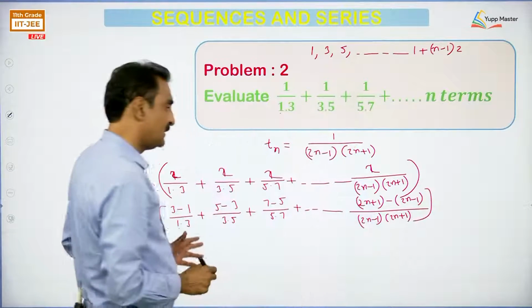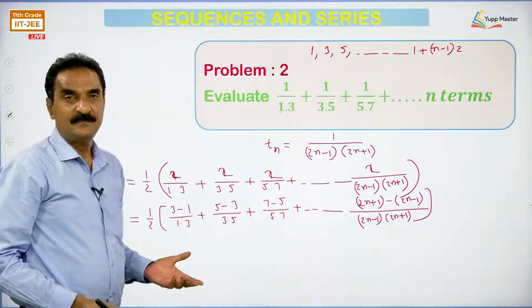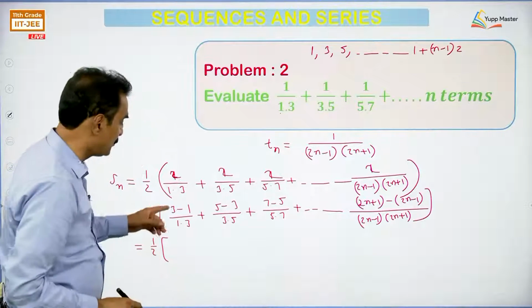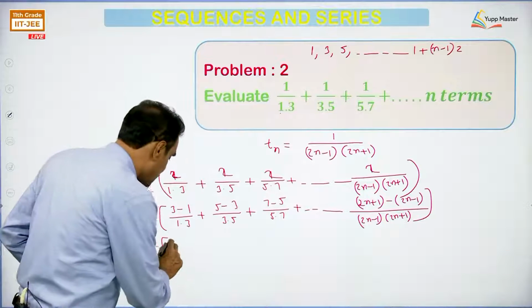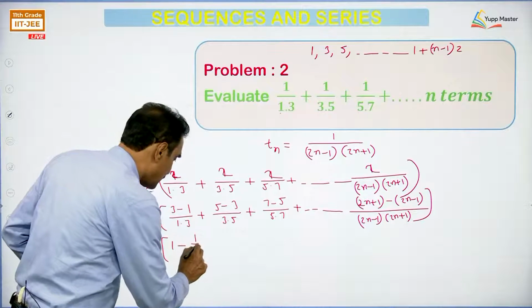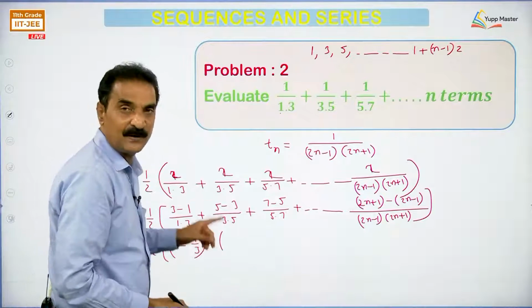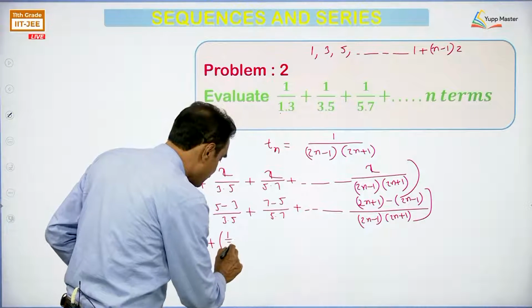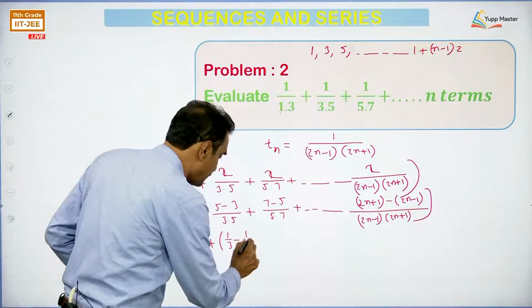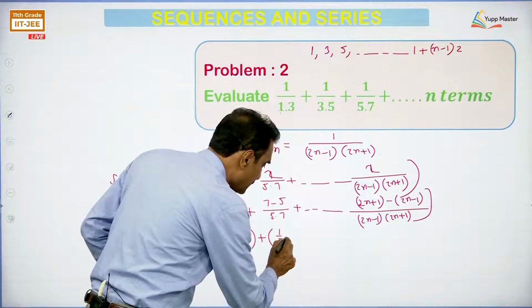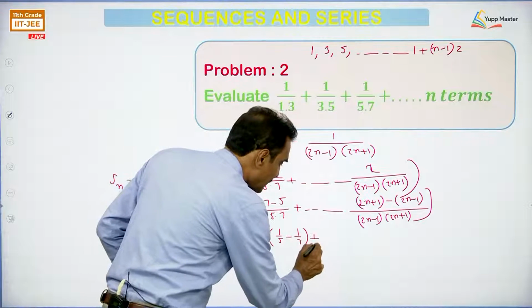Alright. Now, separate the denominator. 1 by 2 into 3 by 1 into 3 is 1 minus 1 by 3, the first term. Second term, 5 by 3 into 5 is 1 by 3 minus 3 by 3 into 5 is 1 by 5. The next term will be 1 by 5 minus 1 by 7 and so on.